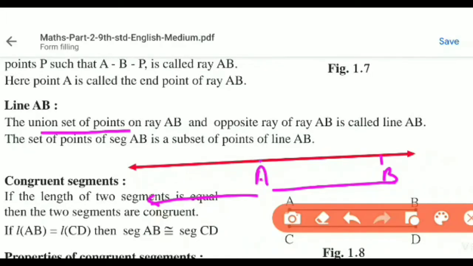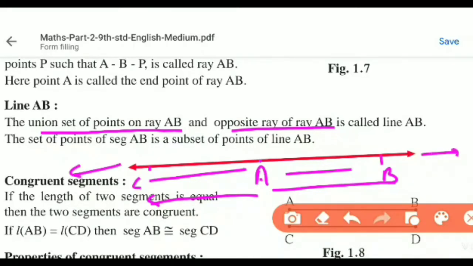As per the definition, the union set of ray AB and the opposite ray of AB, where this is AB and that is the opposite ray, suppose I write C here, then ray AC and ray AB together is called line AB. It is never ending; it extends on both sides, there is no end. So the set of points of seg AB is a subset of points on line AB.